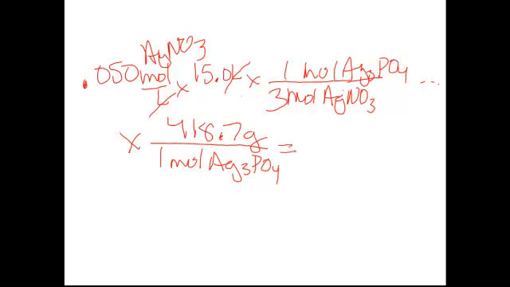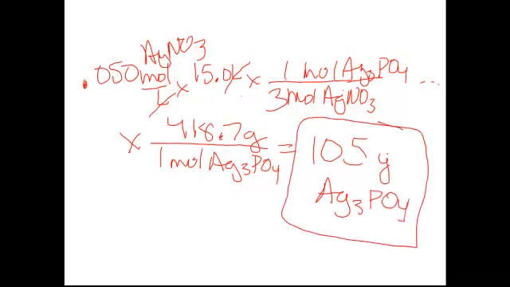So again, let's check our math here. 0.050 times 15 divided by 3 times 418.7 equals 105 grams of Ag3PO4. And that is our final answer.